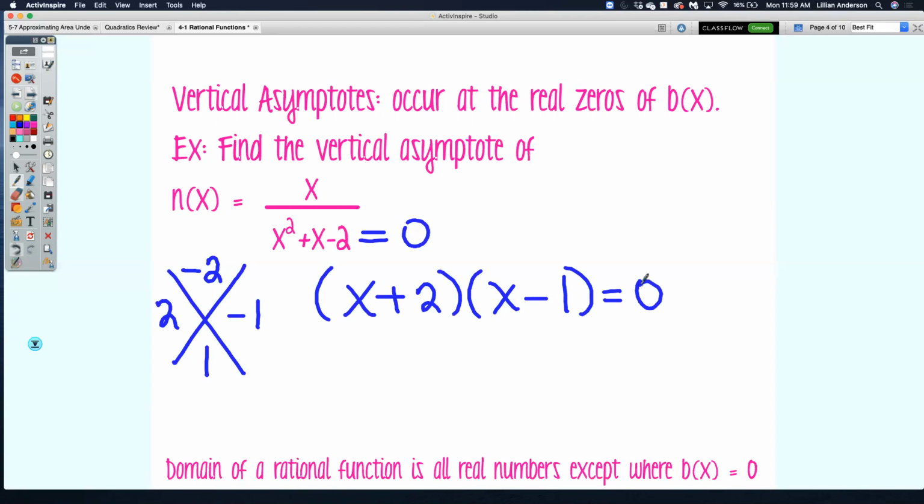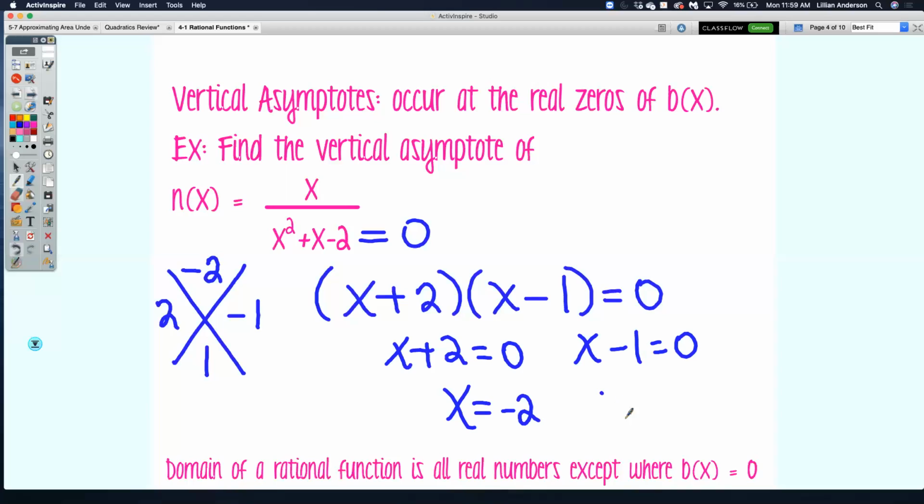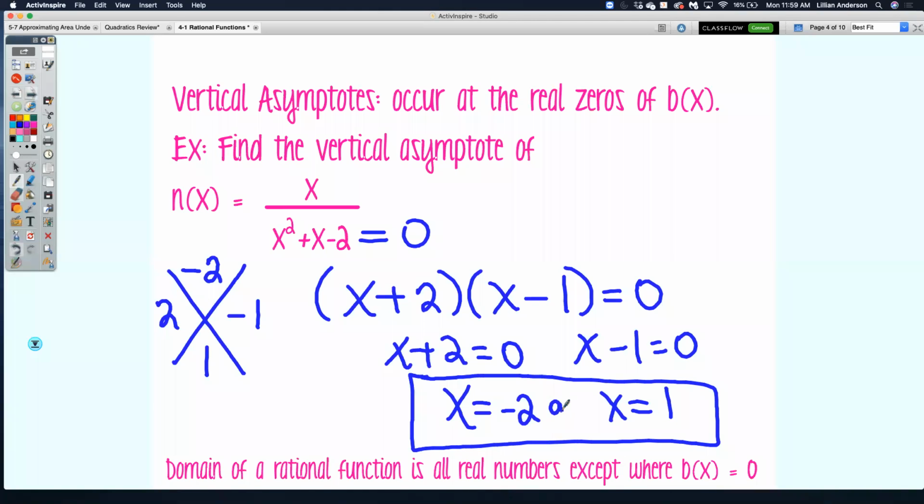And then just like before when we were solving quadratics, we just set each factor equal to 0. And what we'll end up getting are our vertical asymptotes for this rational function. So in this particular case, you're going to have two vertical asymptotes.